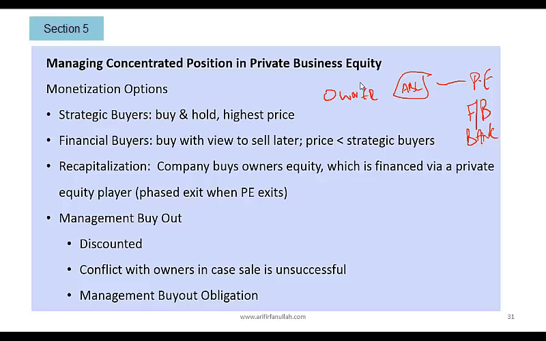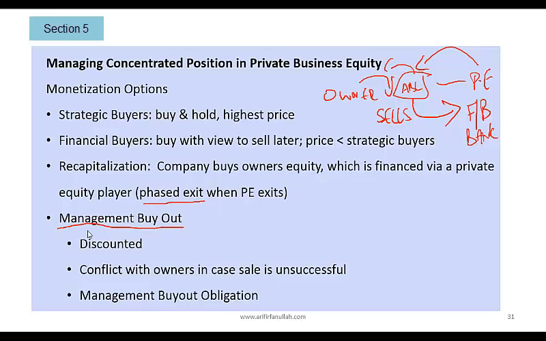So the owner gives the equity to the company, in fact sells it. And the company pays the owner after taking money from the private equity, and then the company issues shares to the private equity. Okay? And this is a phased exit. Why? Because the private equity owner or the financial buyer will at some point in time exit, and the owner will look at the subsequent acquisition at that point in time. So this is a phased exit.